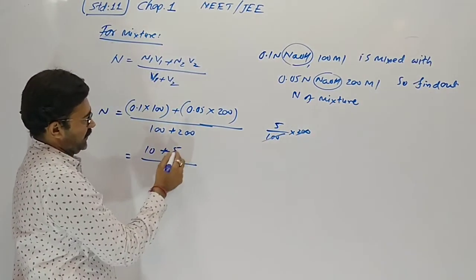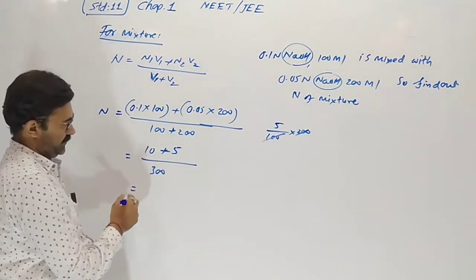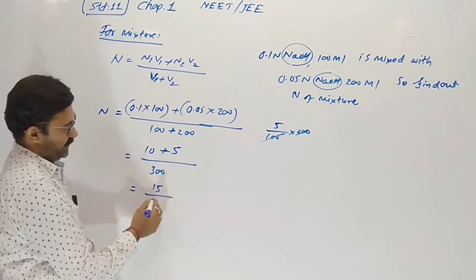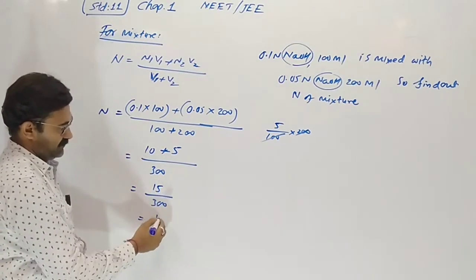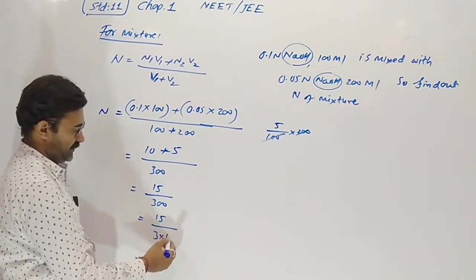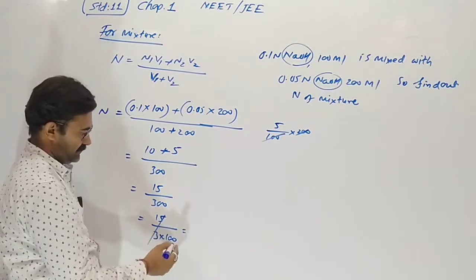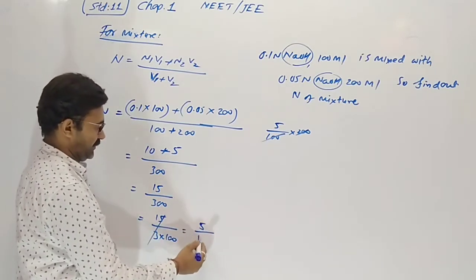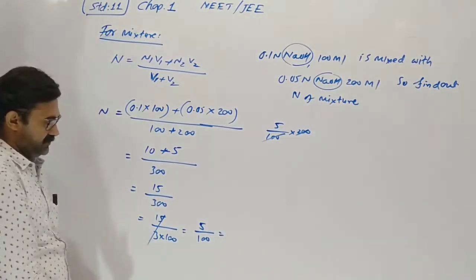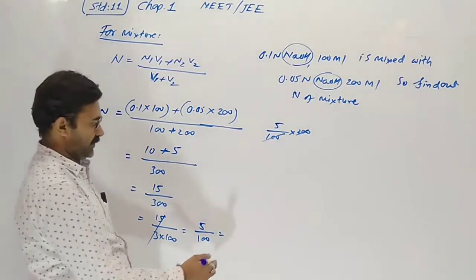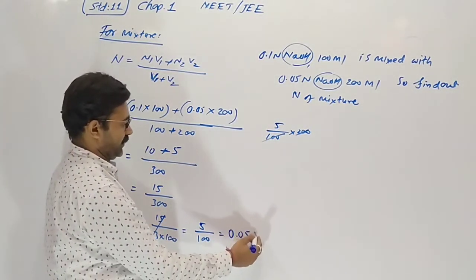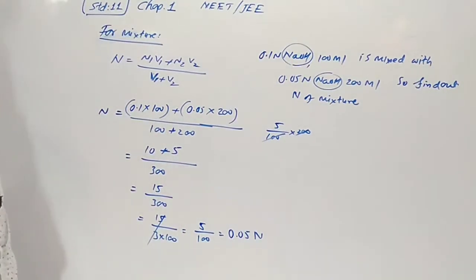So which is 15 upon 300, and that gives 0.05 normal. This is the normality of the mixture.